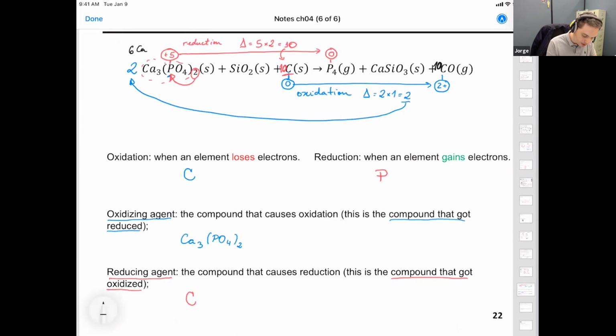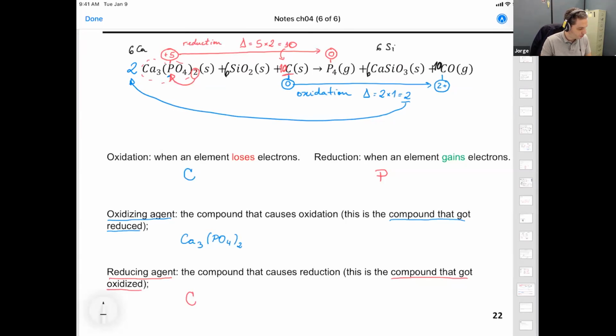The only place to balance out calcium is right here. So therefore, we are going to balance calcium. Now we have 6 atoms of silicon on the right side. The only place to balance out silicon is silicon dioxide. So we add here the stoichiometric coefficient of 6.